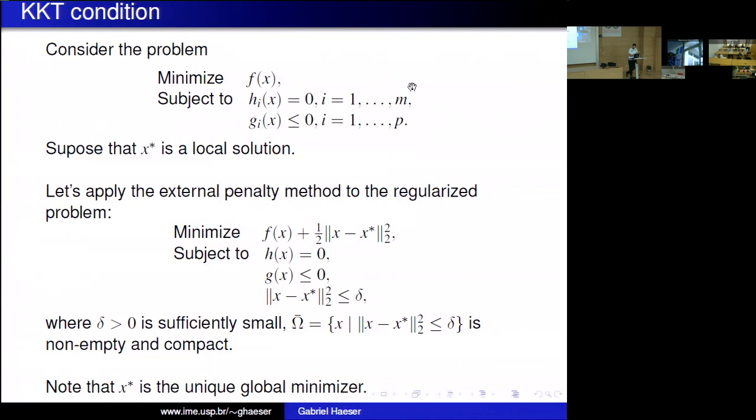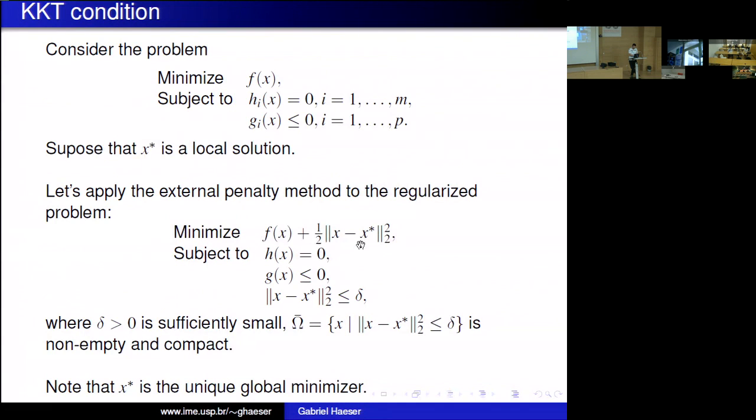So consider now the problem without this additional set omega bar. So I have the original nonlinear programming problem, and let's assume that x star is a local solution. Okay, so we want to prove the KKT condition, that is a necessary condition for optimality. So I want to study, if I have a solution x star, what can I say about it? So I assume I have initially a local solution.